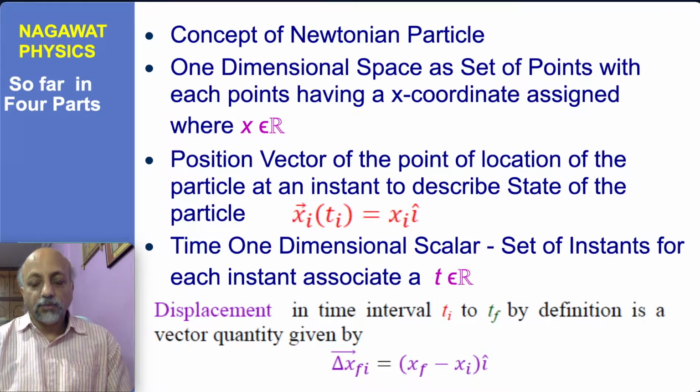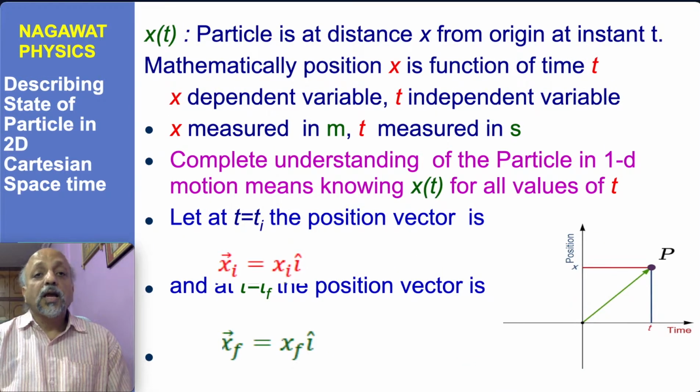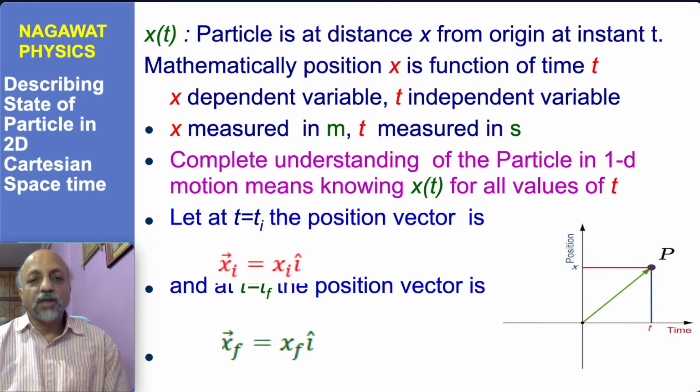Now we will move further. We understand that the kinematics of the particle in one dimension can also be described by using this functional approach, that x is a function of time, and therefore at different instants of time t, the position of the particle may be at different points in the one-dimensional space.